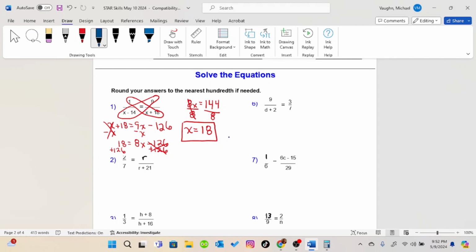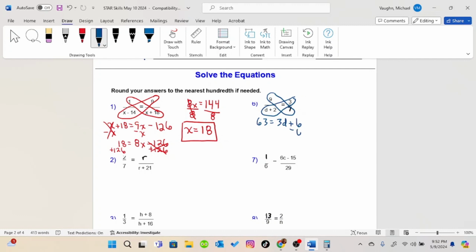Number 6. We're going to cross multiply. So we have 9 times 7 equals 63. And we've got 3 times d plus 2. 3 times d is 3d. 3 times 2 is 6.